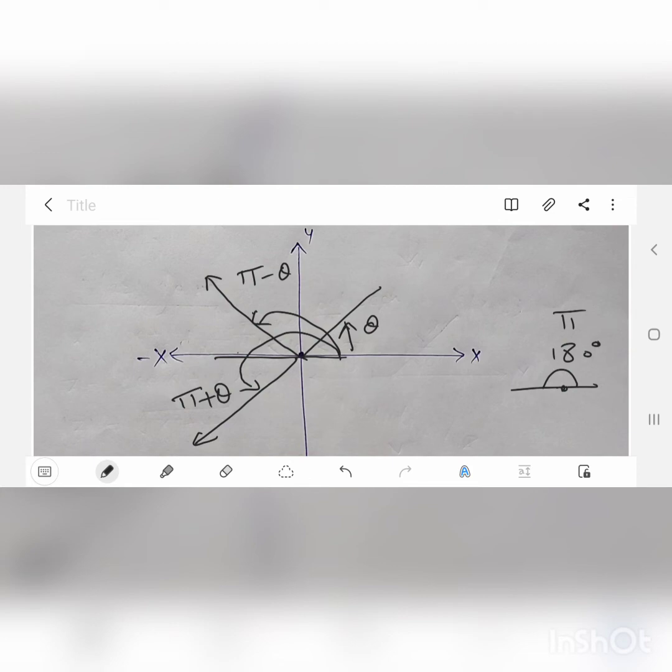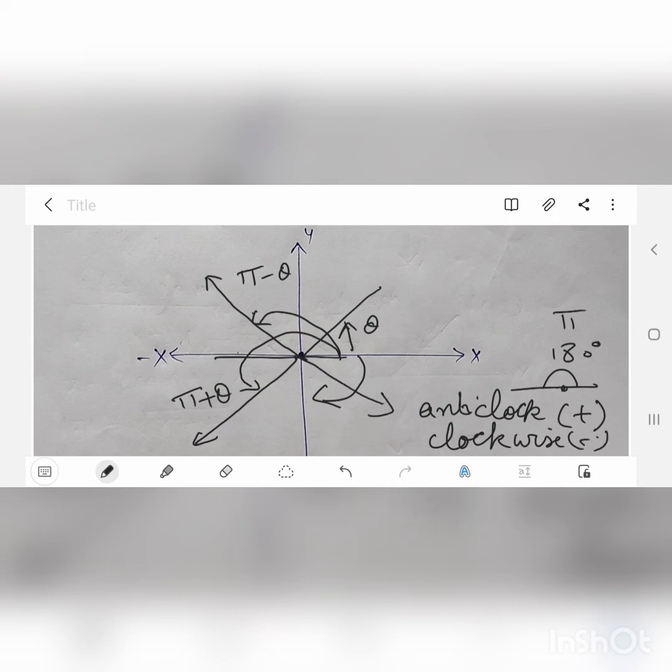Always take the angle theta in the anti-clockwise direction, then it is positive. But if we take the angle in the clockwise direction, then the angle is negative. Suppose we take the angle this way, then the angle is minus theta.